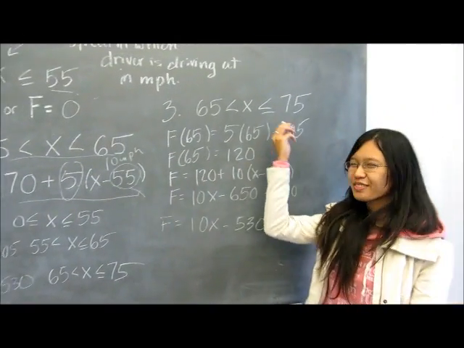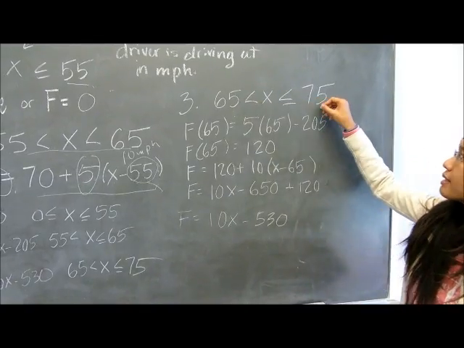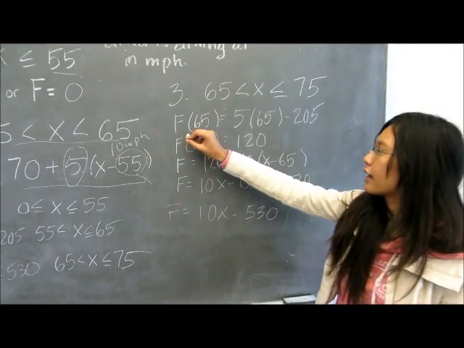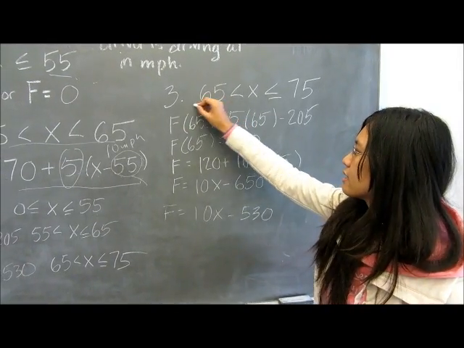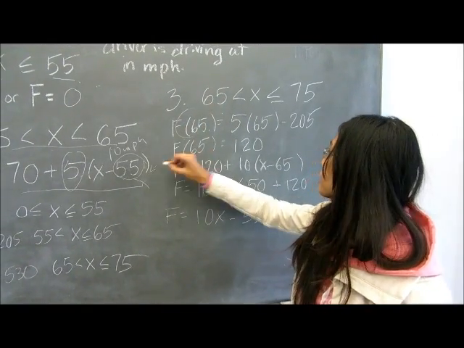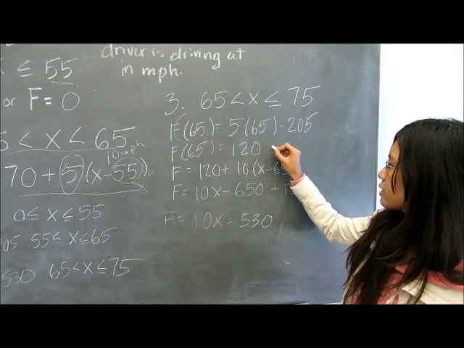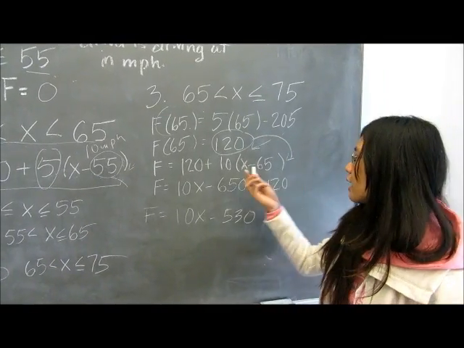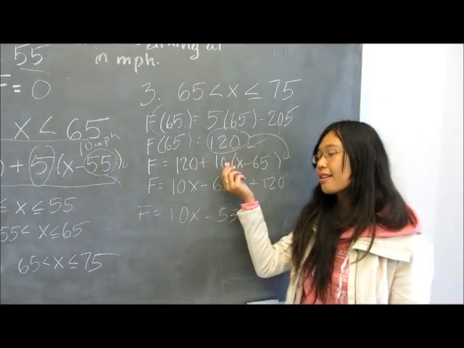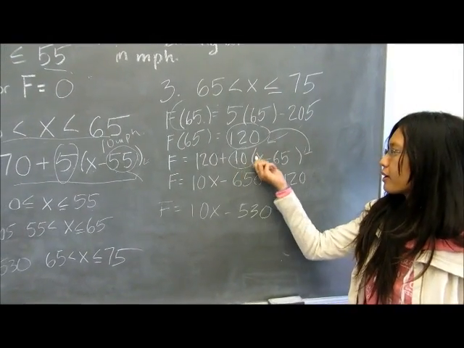For the third piecewise equation, when you're driving between 65 and 75, you have to solve first for 65 miles per hour and insert this into the equation right here. So you put in 65 and it equals 120. Take this amount into the new equation, which says if you go above 10 miles per hour of the previous equation, then you have to pay $10 more.